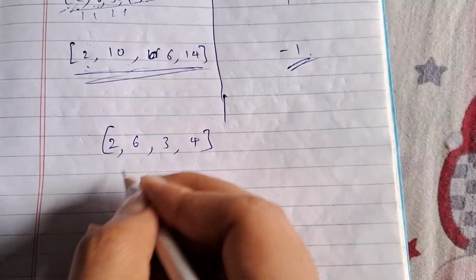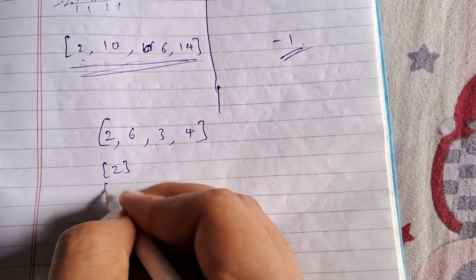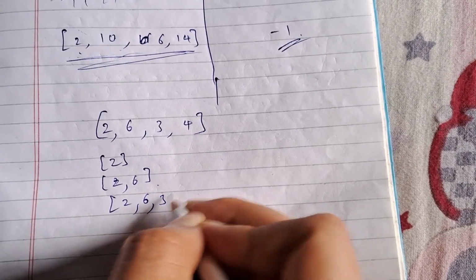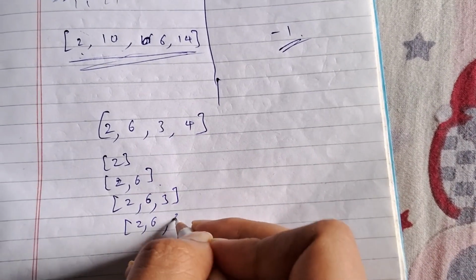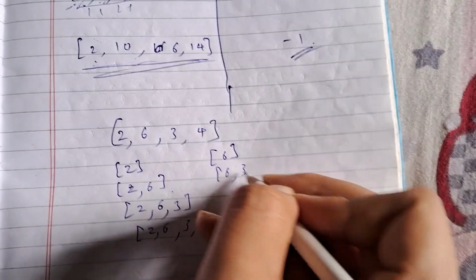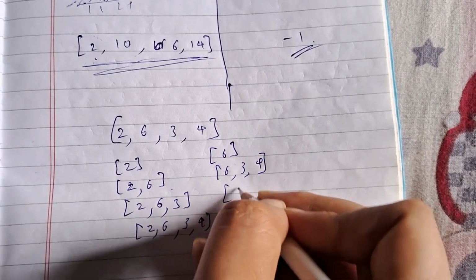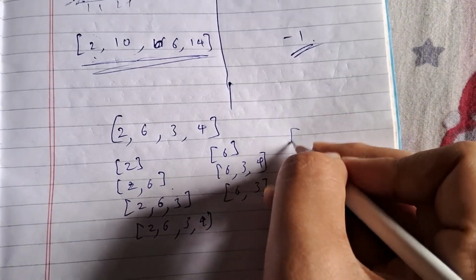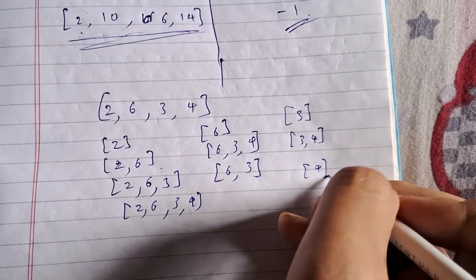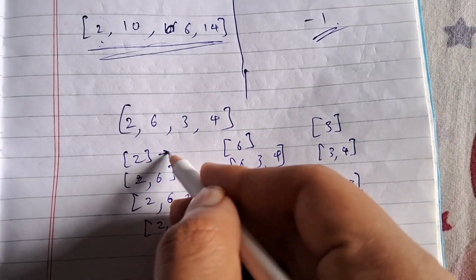So what are the possible subarrays? One is 2, then 2, 6, then 2, 6, 3, then 2, 6, 3, 4, then 6, then 6, 3, then 6, 3, 4, then 3, 3, 4, and 4. So what is the GCD of this? 2.